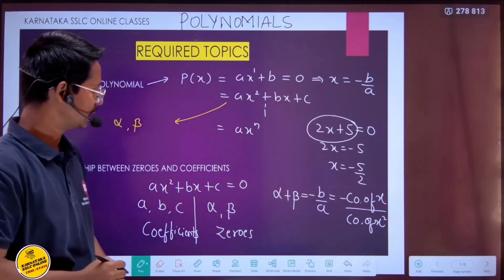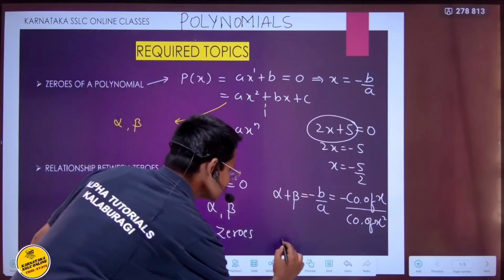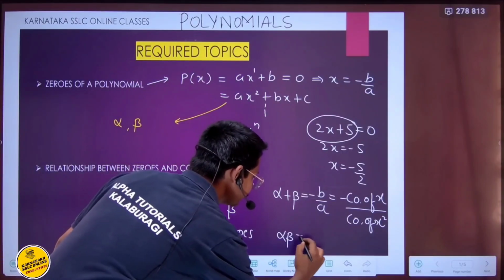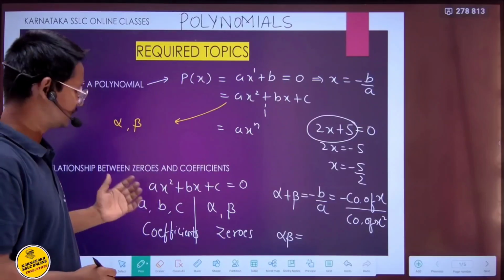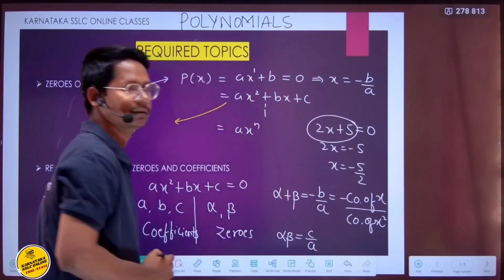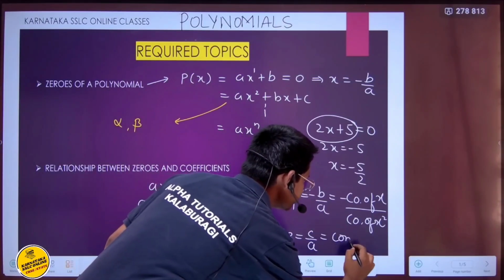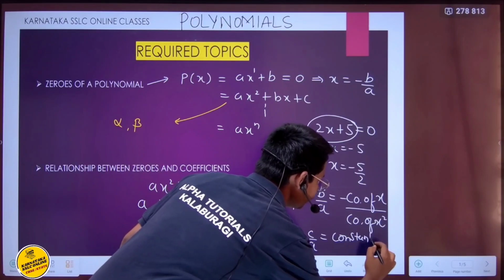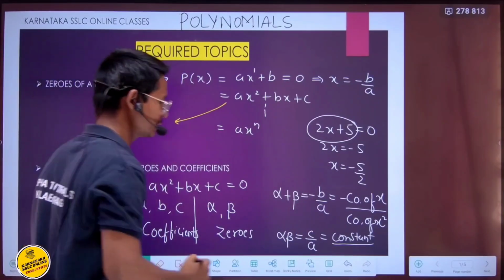Correct? Next, you can make use of zeros as alpha into beta. So the product of zeros also can be related with the coefficients. How? It is c by a, where c is a constant, a fixed value, divided by a, nothing but the coefficient of x square.